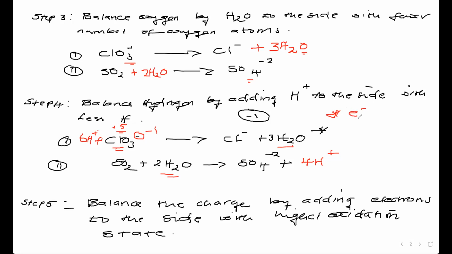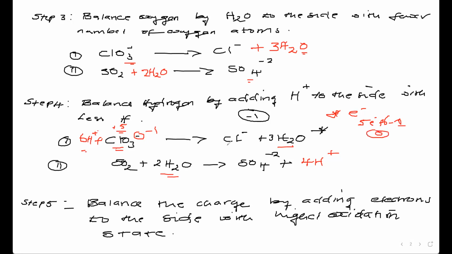So if we add 5 electrons on the reactant side, which means we have added negative 5 because it's negatively charged, plus the charge on H here, which is positive 6, so we have plus 6, minus the charge on this species here, which is negative 1. What are you basically getting? You are getting the overall charge of 0.